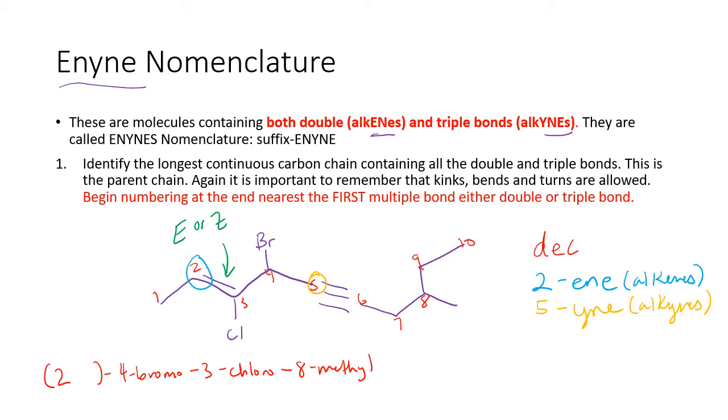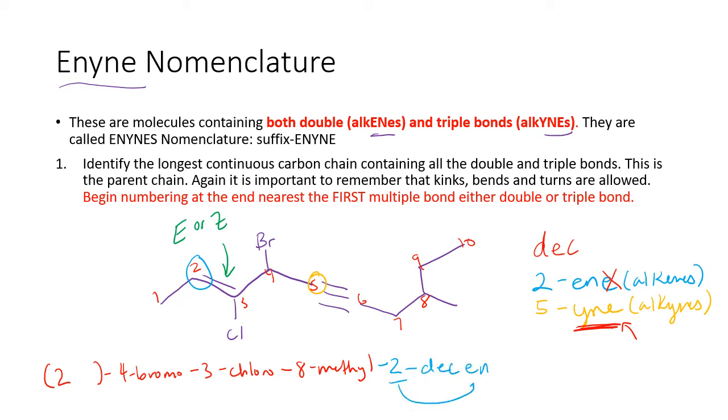So regardless of the double bond getting a lower number or the triple bond getting a lower or higher number, we still indicate the double bond in the name first and the triple bond at the end as the final suffix, which is why we end up dropping this e right here at the end of alkene, because we're going to end the name with alkyne, and so that's going to bear the final e in the total name that we put together. So after 8-methyl, we would say 2, and then we had 10 carbons. This would be dec, and then we say en.